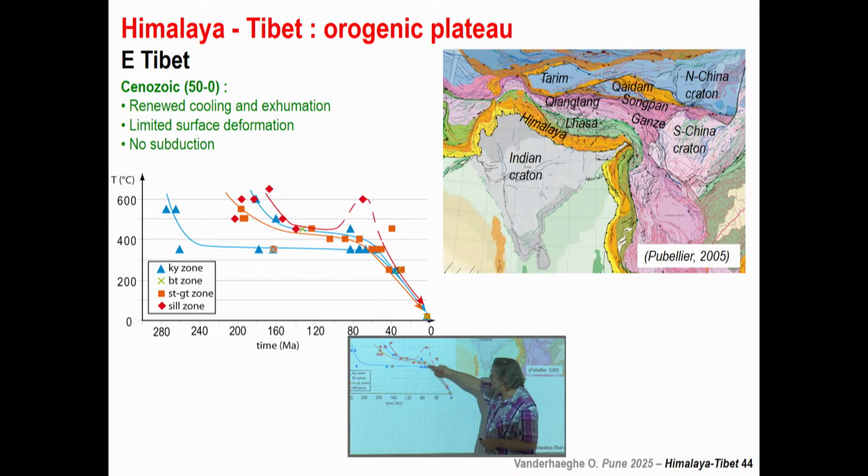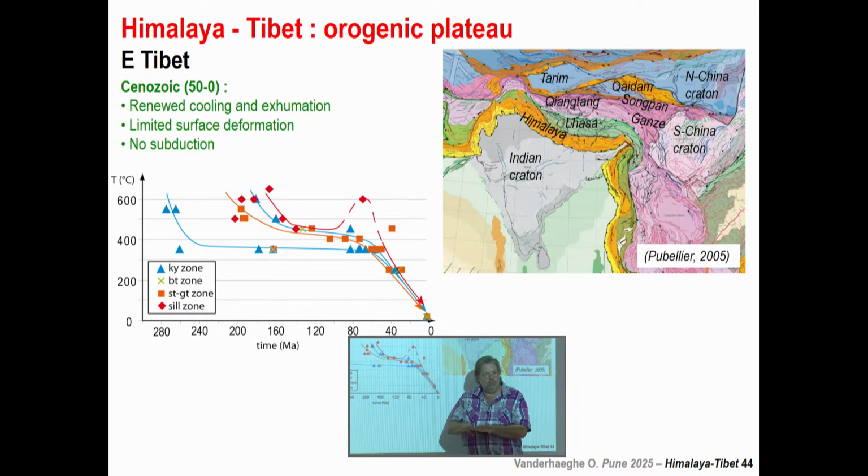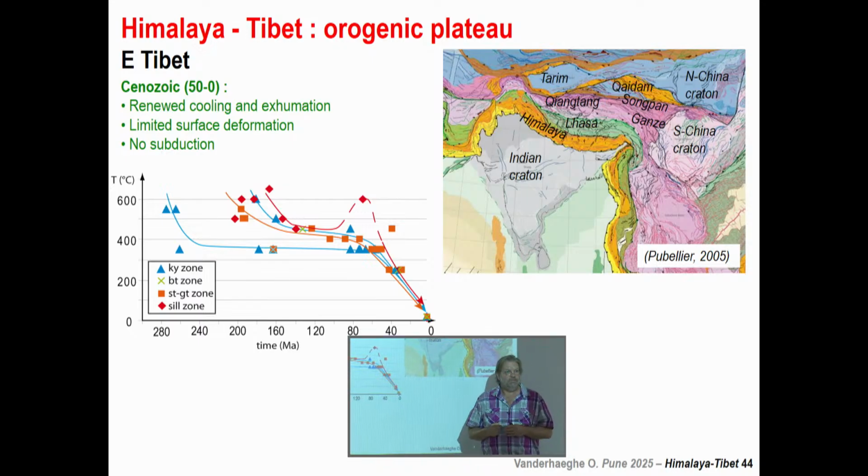So that cooling: these rocks that are today at the surface were at 400 degrees 60 million years ago. That means that the 400 degree isotherm has been, the rocks that were there have been exhumed to the surface. So there has been some uplift and exhumation. And they do not show much structure.